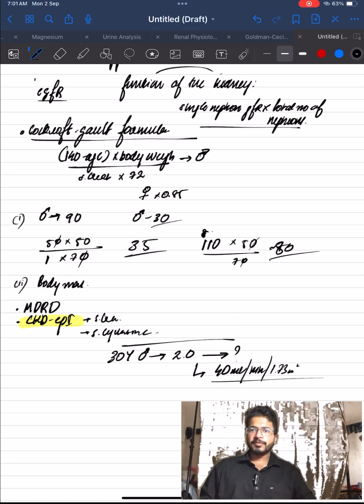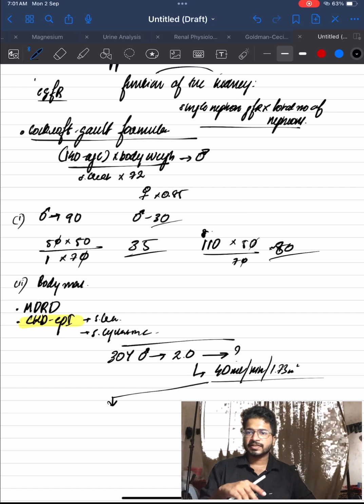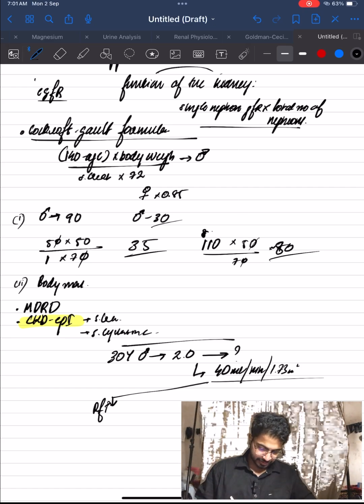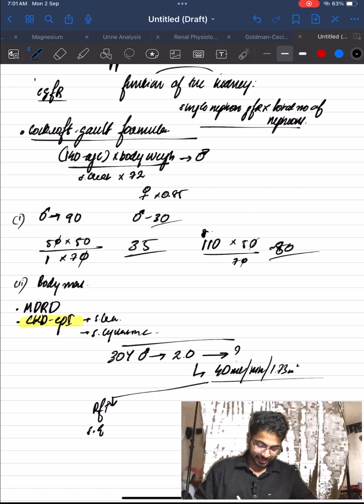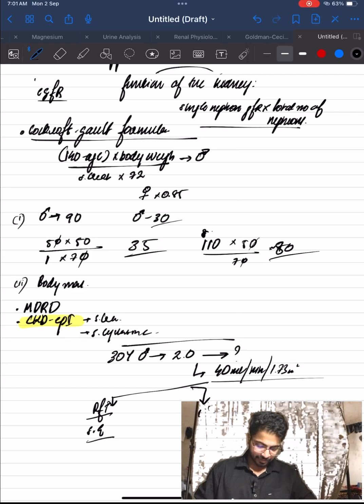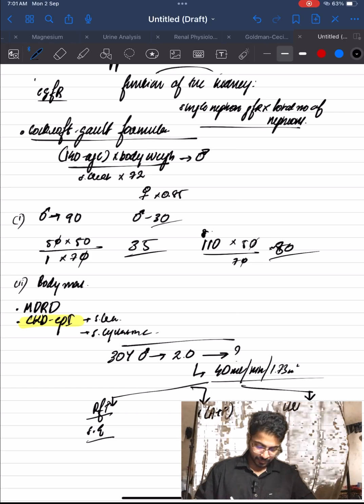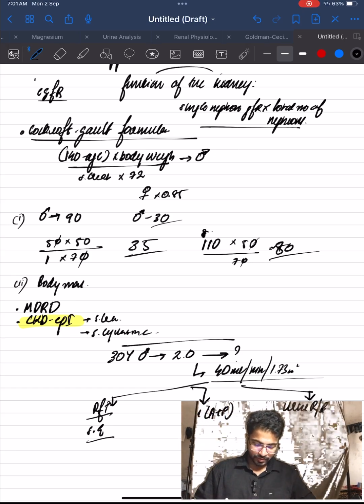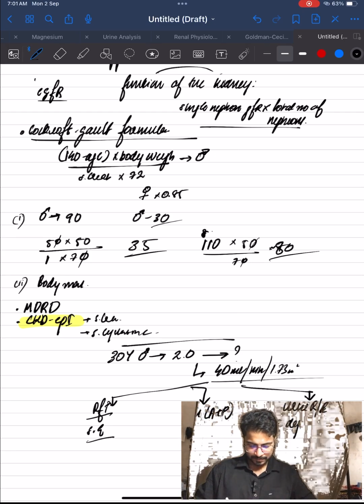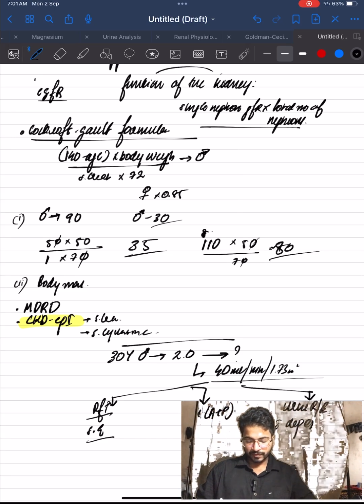Before approaching any renal disease, you should have 3 investigations at hand. What are they? One, we already have the RFT and serum electrolytes, then USG abdomen plus pelvis, and urine routine with the deposits.